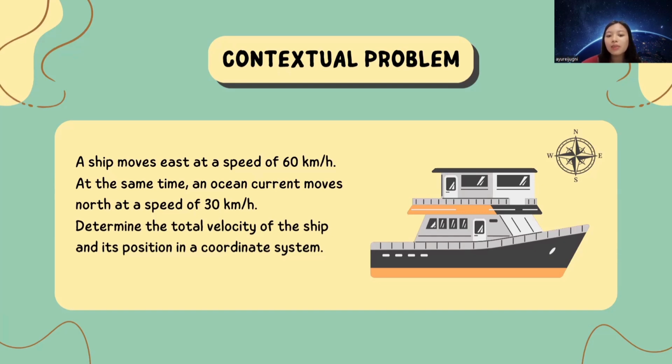We need to determine the total velocity of the ship. This is a perfect example of vector addition in daily life. Can you imagine the direction of the ship? Yes, the ship moves diagonally because of the combination of two vectors.